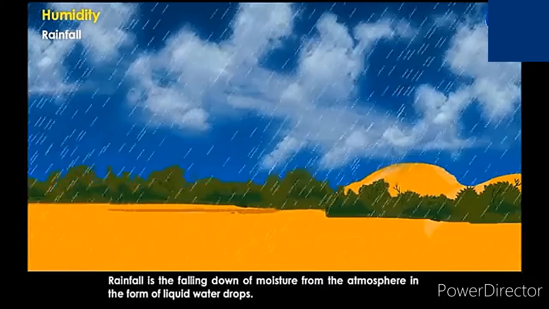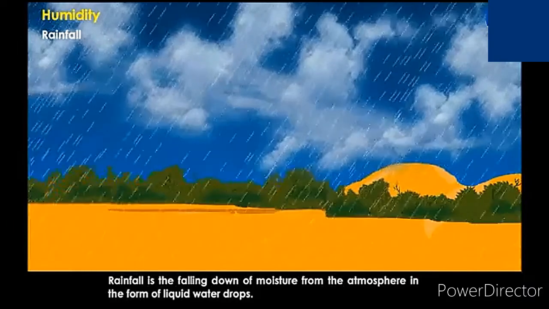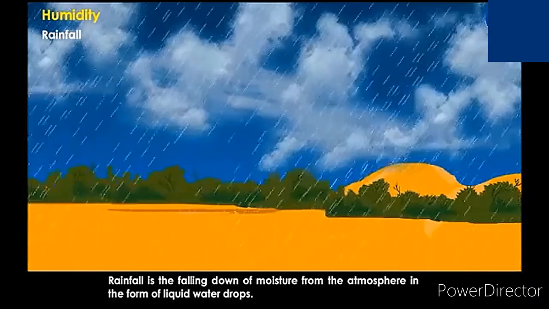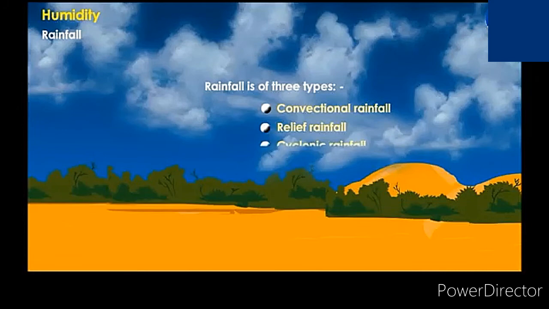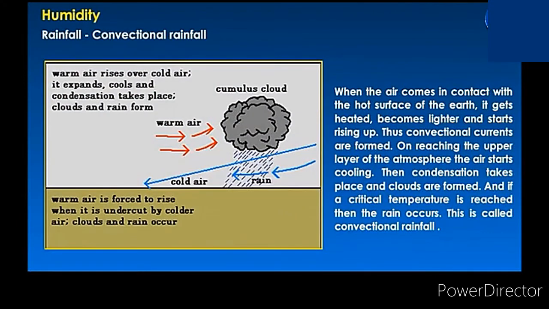Rainfall is the falling down of moisture from the atmosphere in the form of liquid water drops. It is of three types: convectional rainfall, relief rainfall, and cyclonic rainfall. See convectional rainfall.